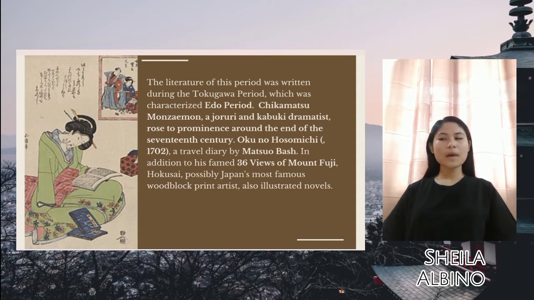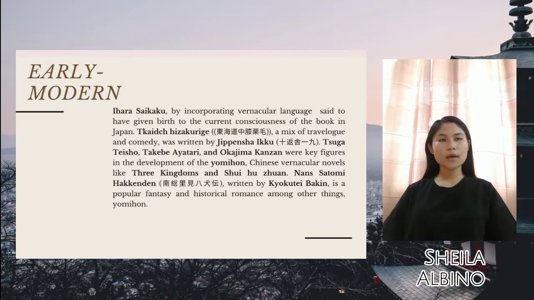First, Matsuo Basho, and Hokusai, famous for his 36 Views of Mount Fuji. These are woodblock prints and illustrated novels, and he also created Oku no Hosomichi in 1702. Second, Jippensha Ikku, Hizakurige, a travelogue with comedy in it.